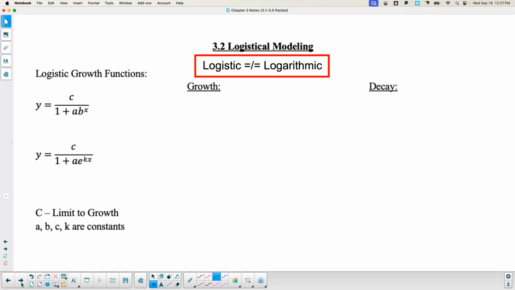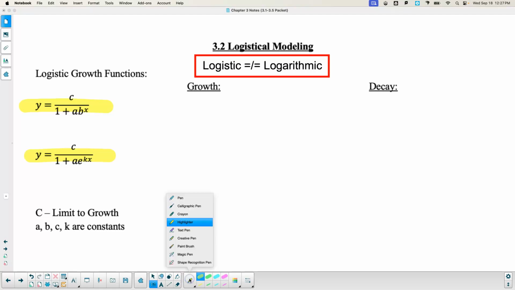These two over here are the two different forms of a logistic function, depending upon if it's a base e or a regular base exponential. Because we have to have that exponential growth to start.